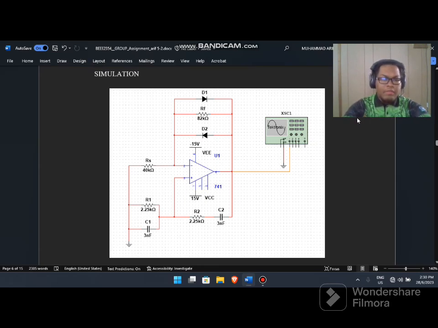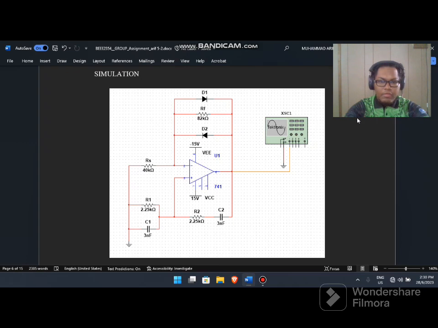Next, we do the simulation part in Multisim. The value of R1 and R2 is equal to 2.25 kilo ohm. C1 and C2 is 3 nanofarad. RS is equal to 40 kilo ohm and RF is equal to 82 kilo ohm.